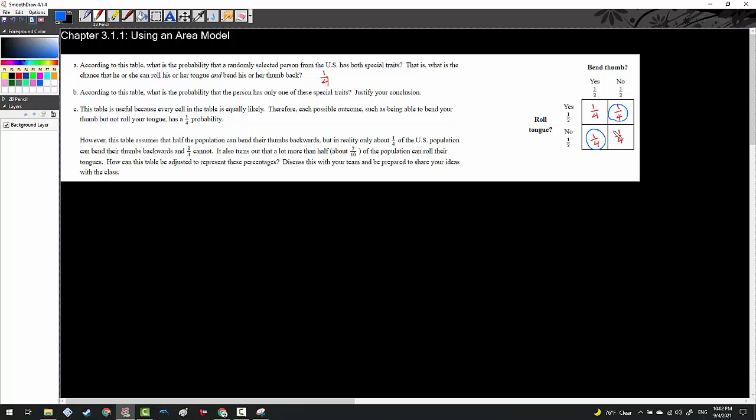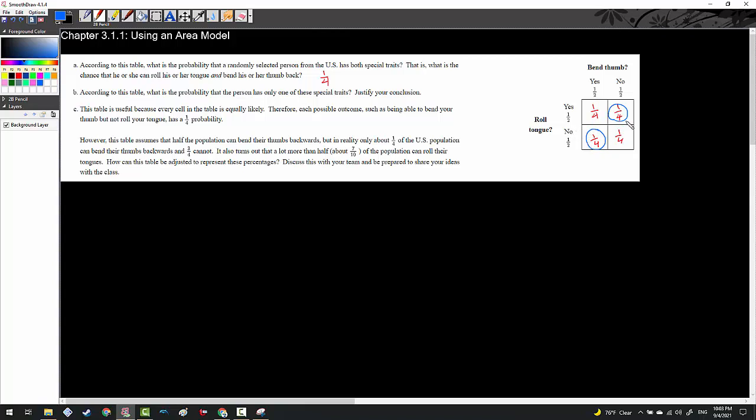The two things that I just circled in blue: this 1/4 of the population in the top right corner is able to roll their tongue but not bend their thumb, so they have one of those special abilities. The other 1/4, down here, can bend their thumb but cannot roll their tongue.